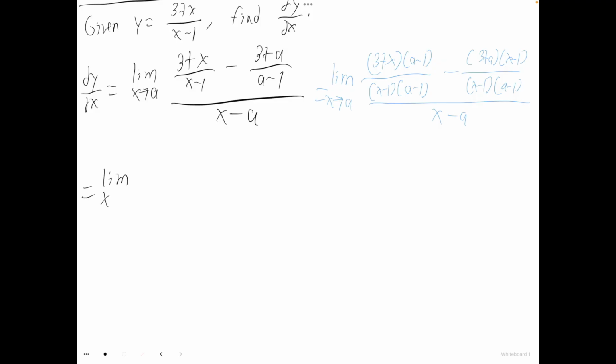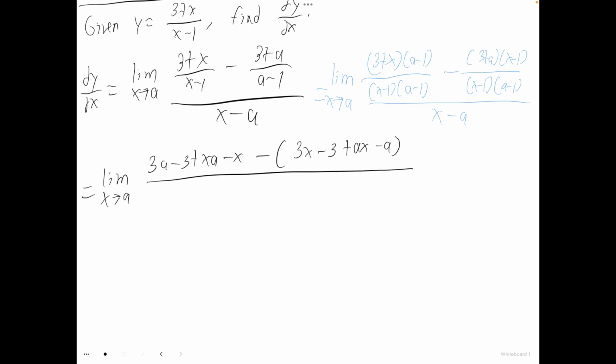So the limit as x goes to a. Multiplying out the top, we're going to have 3a minus 3 plus xa minus x minus 3x minus 3 plus ax minus a, divided by (x minus 1) times (a minus 1), all divided by x minus a.